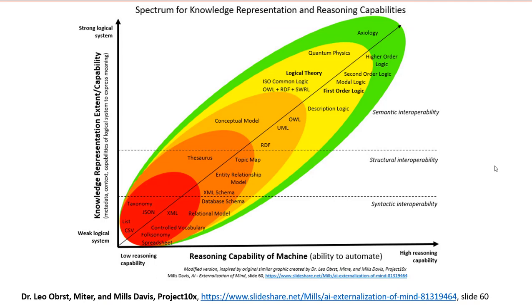So here, this graphic shows a comparison of the representation capability in contrast to the reasoning capabilities of software applications.